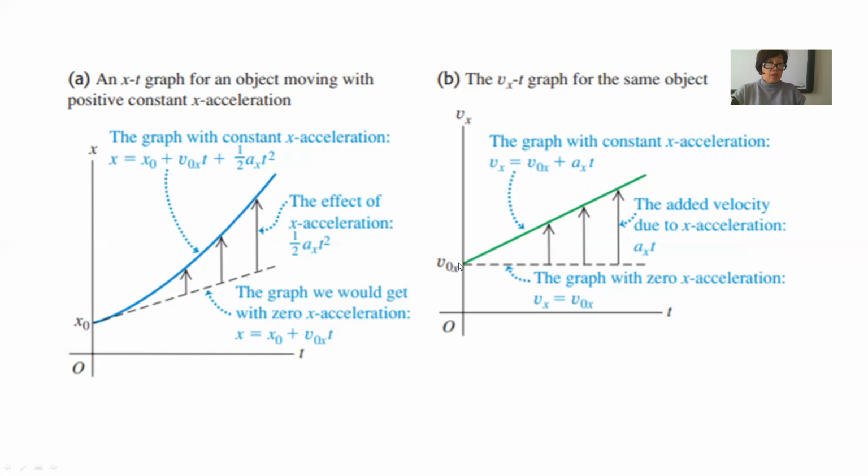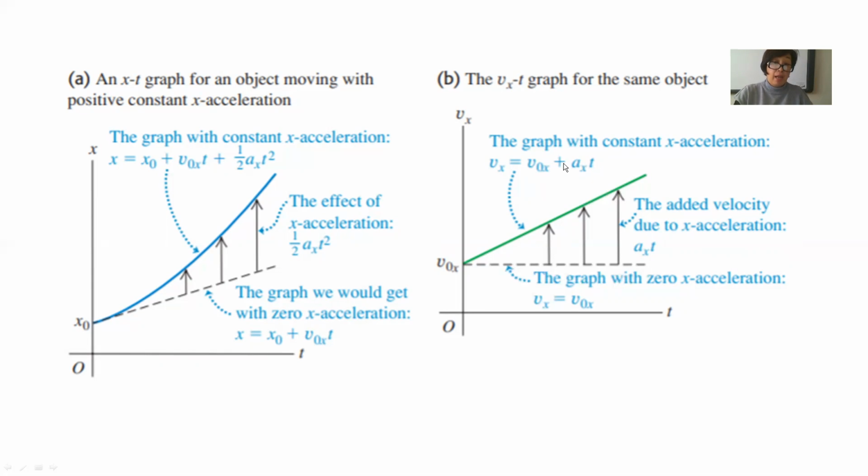And when the initial velocity equals the final velocity, this dashed line shows the graph with zero acceleration. But here it is v0 plus a_x multiplied by t.